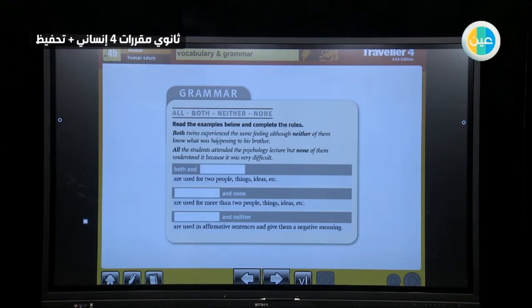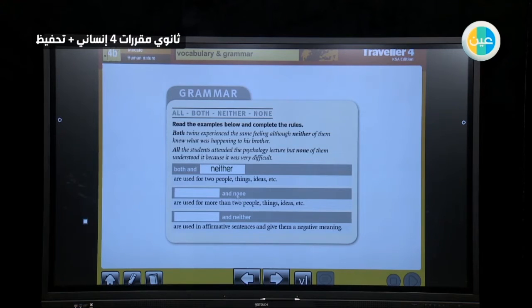Both twins experienced the same feeling, although neither of them knew what was happening to his brother. So we have here both and neither. All the students attended the psychology lecture, but none of them understood it because it was very difficult. So both is used for which one, two people, things, and ideas? Both. Excellent. We have here neither and none, used for more than two people, things.